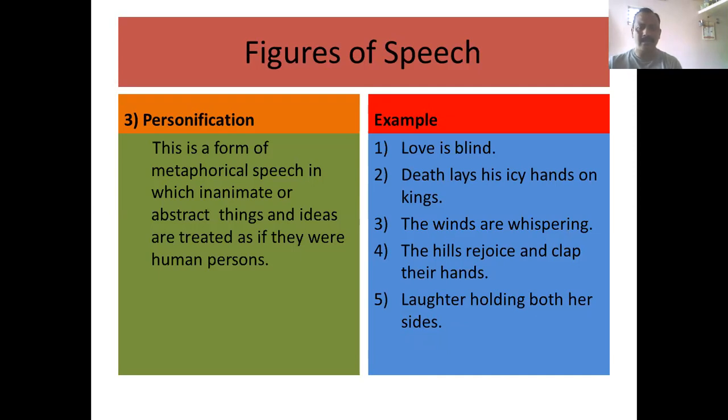Indirectly, laughter is having hands to hold both her sides. So it is called personification. This is a form of metaphorical speech in which inanimate or abstract things and ideas are treated as if they were human persons. So this is what personification is.